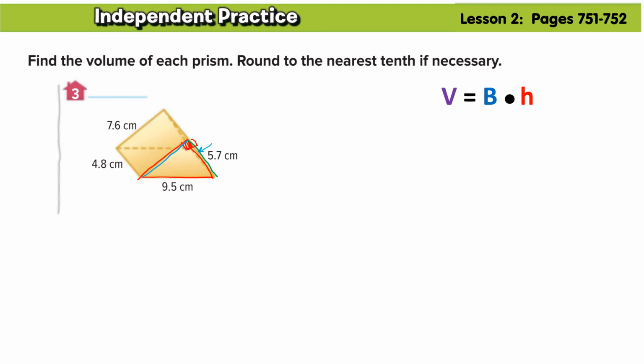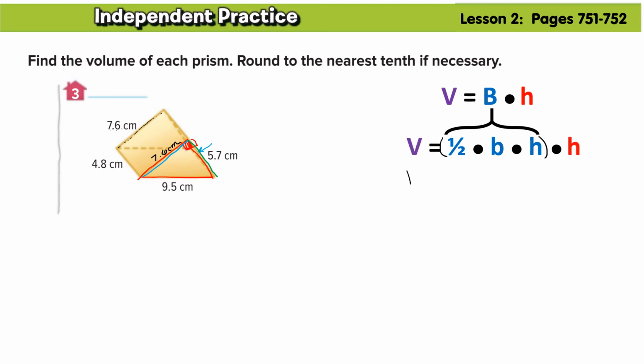All right, so let's set up our problem here. Now, if this blue line is the height, well, how long is it? Well, it happens to be parallel to this line right here, and that line is 7.6. So this line is 7.6 centimeters. All right, so here's our formula. Parentheses here, bring down our problem.